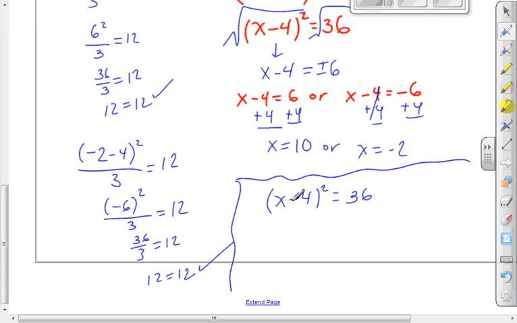You're going to have to multiply out x minus 4 squared. You're going to have to write it in what's called expanded form. It would come out to be x squared minus 8x plus 16 equals 36. Then from there, you would have to move 36 to the left side of the equation. You would have to factor, tee it up, solve, just as we've been doing.